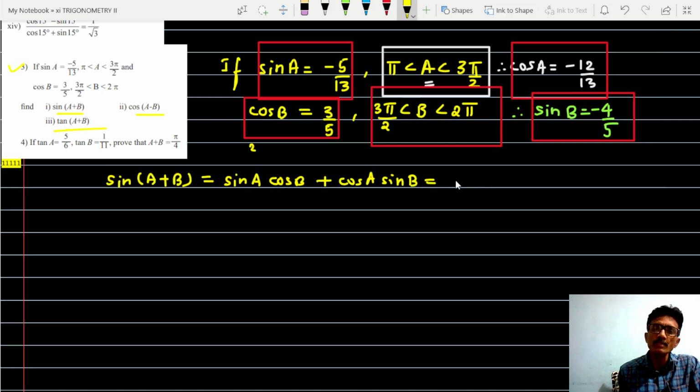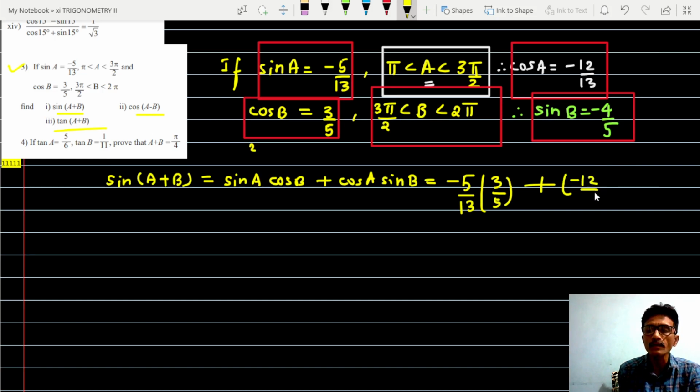Sin A is minus 5 upon 13. Cos B, what is cos B? 3 upon 5. Plus cos A, what is cos A? Minus 12 upon 13. And sin B is equal to minus 4 upon 5.